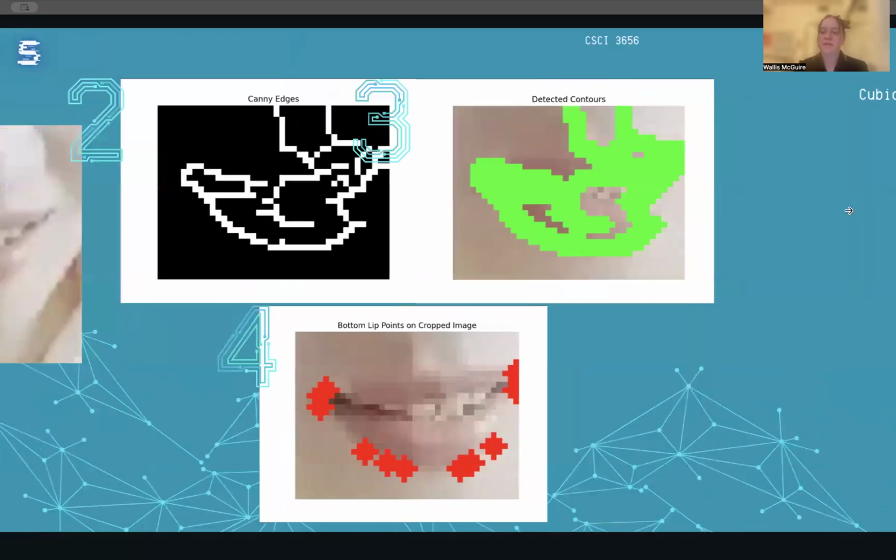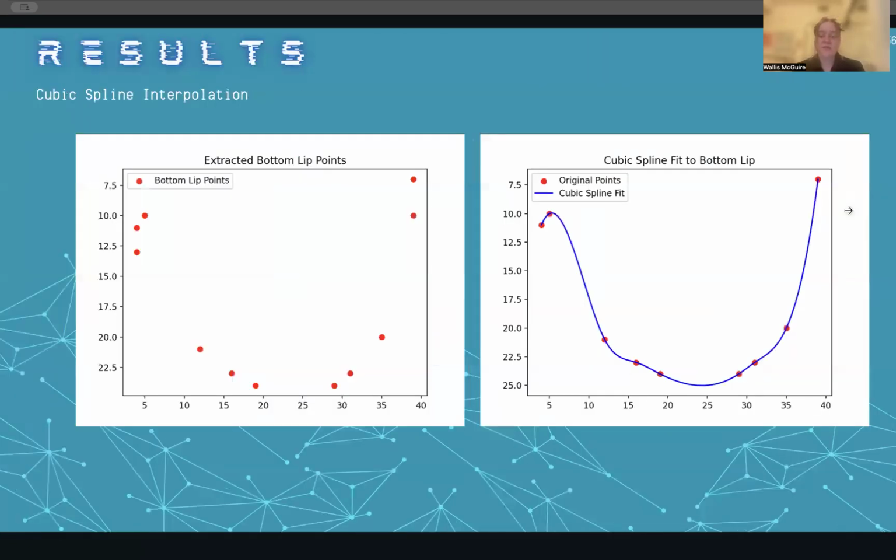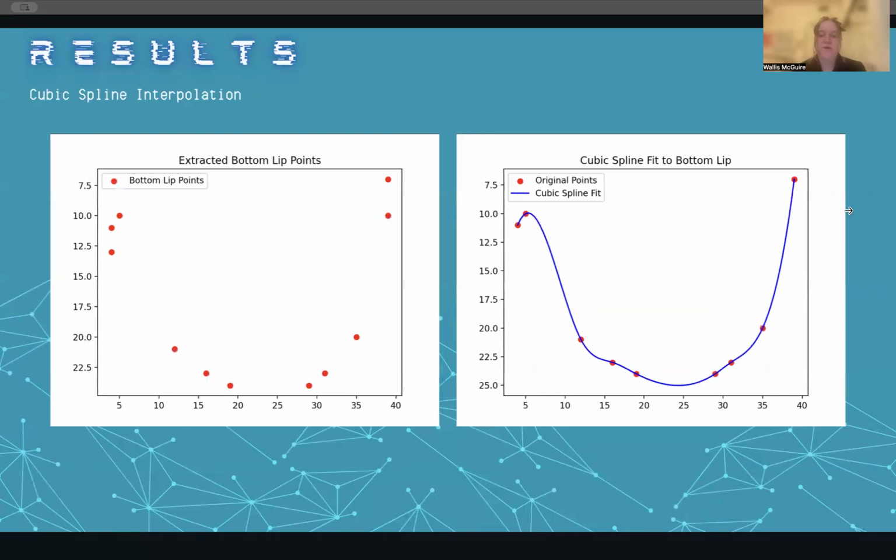So we're going to take these points and put them onto a plot so we can fit our cubic splines to it. And as you can see, I took about 10 or 11 points, which makes the cubic spline itself quite accurate according to the graph on the right. And what you see in that blue line is our cubic spline.